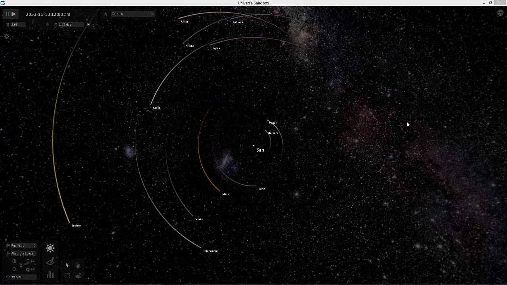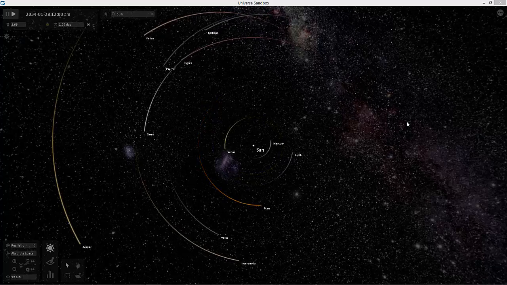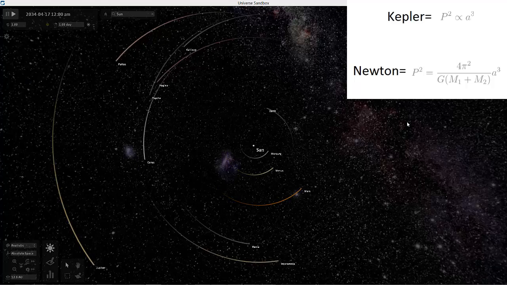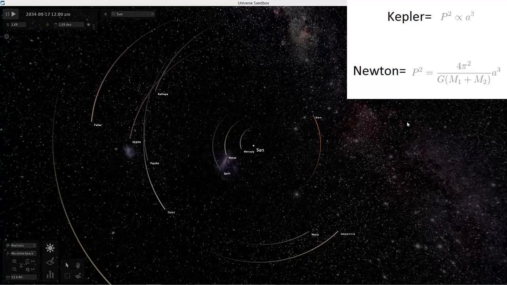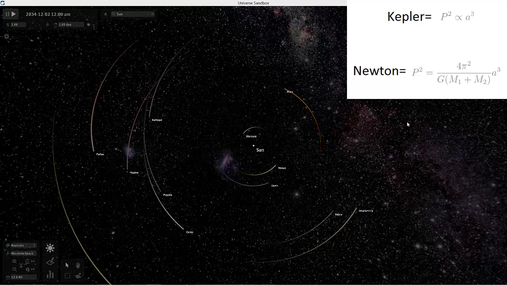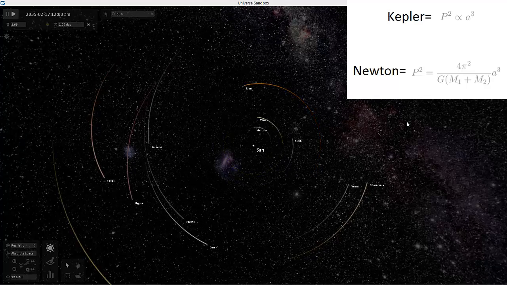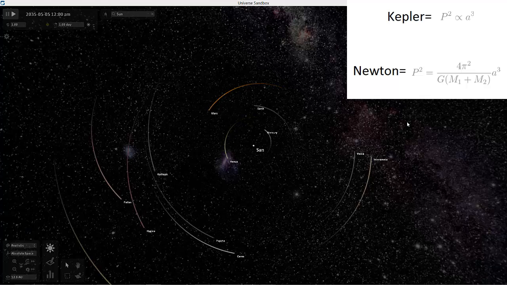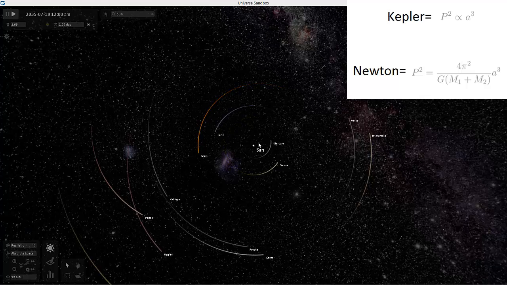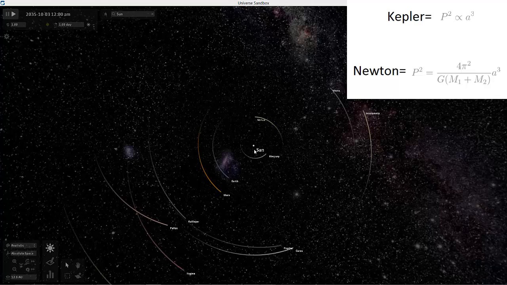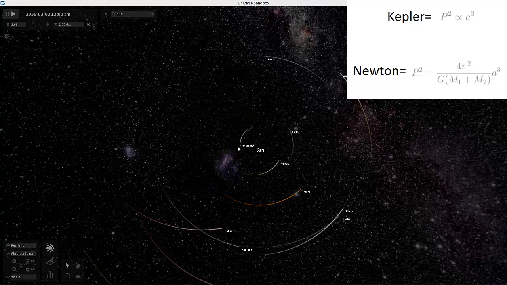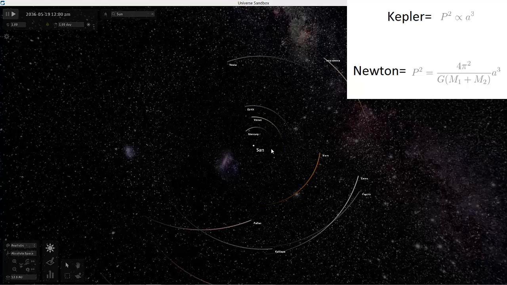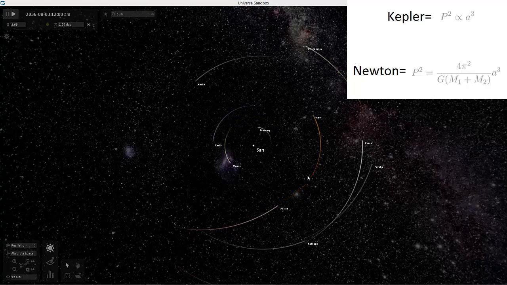So let's get into the difference between Kepler's version of his third law and Newton's. We're starting with Kepler's version, and what it pretty much states is that a big mass object with a relevant size is dealing with little objects with little mass and relevant size.